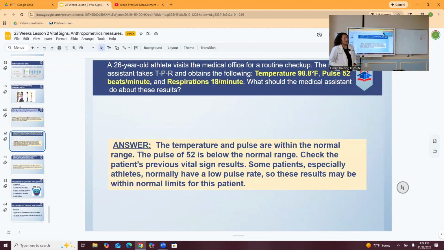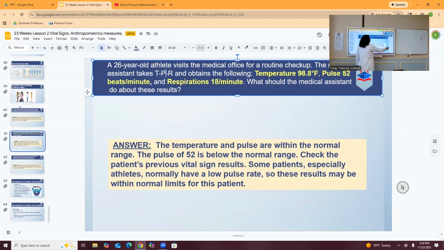Remember, we're going to see the patient as a whole. It's an athlete, a young person, just coming for a regular or routine checkup. So this patient is not sick and is not complaining about anything. It's an athlete, so that means fit. They probably have a lot of resistance, and it's a young person. So the temperature is normal, 98.8. The pulse is 52.